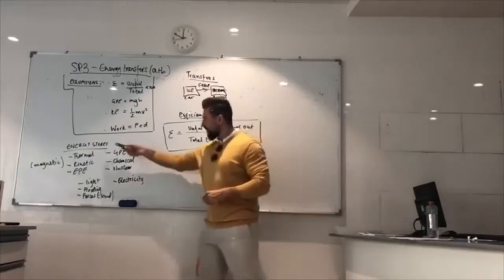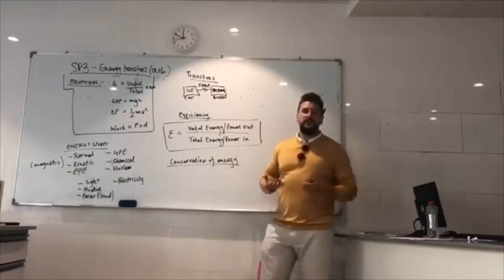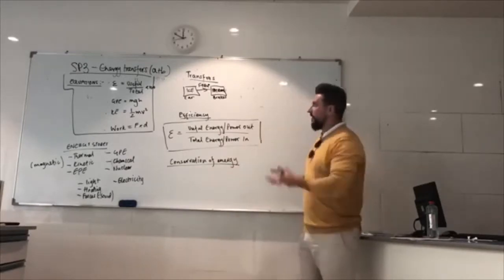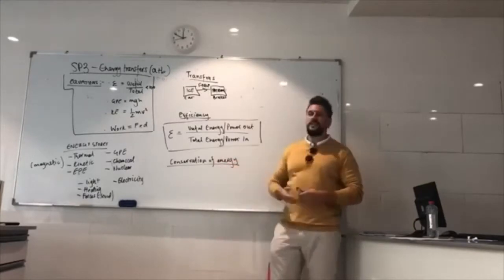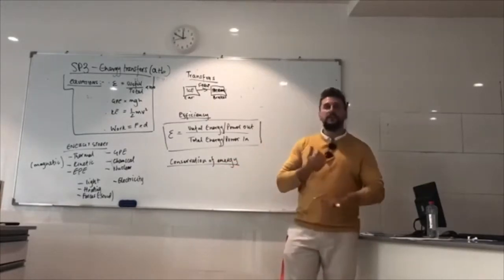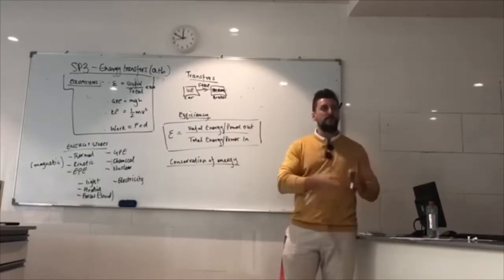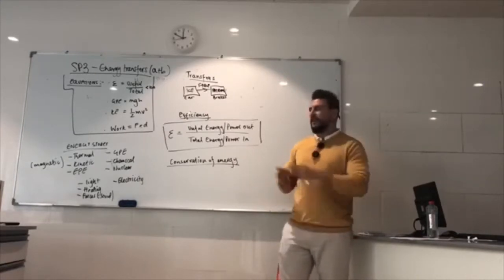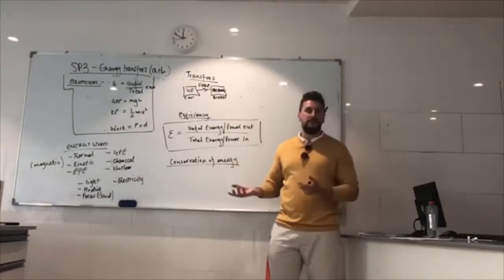In fact, first we're going to look at the conservation. The law of conservation of energy, which essentially is the foundation of this whole chapter on energy transfers. The law of conservation is that energy cannot be created or destroyed. It can only be transferred from one form to another. The only time energy was created, we know, is from the Big Bang, as the theory goes.